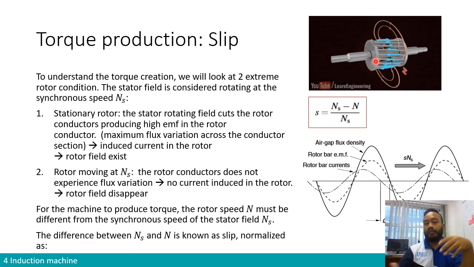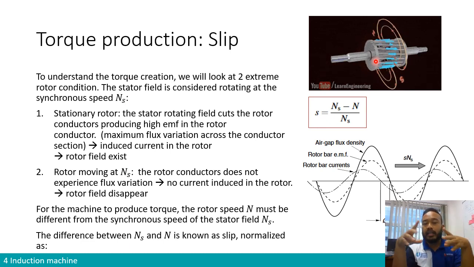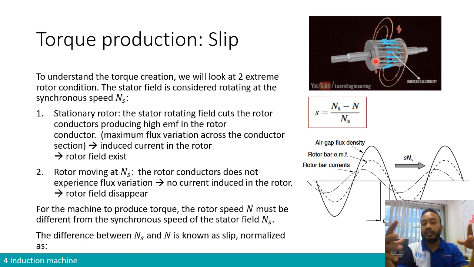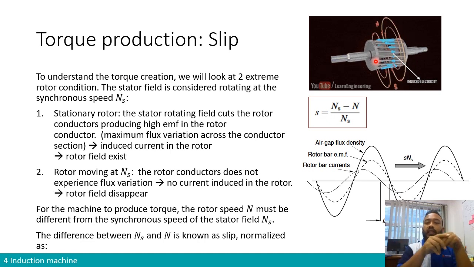We know that if a magnetic field cuts across a conductor, the conductor sees a flux variation dΦ over dt. Lenz and Faraday's law say that if across a conductor you create a flux variation of dΦ over dt, then it will produce an EMF.